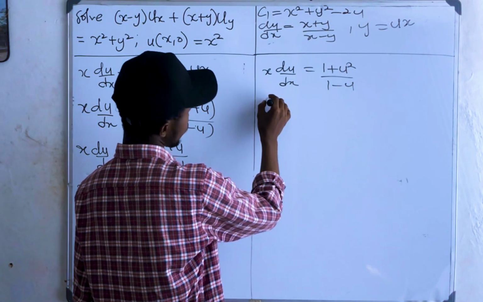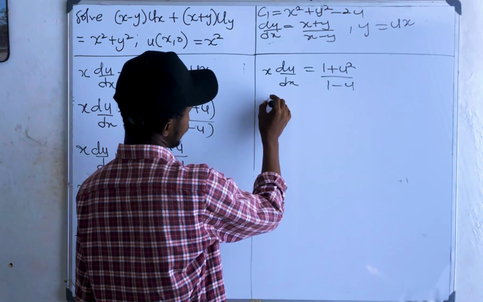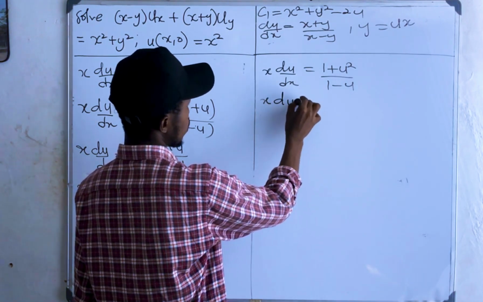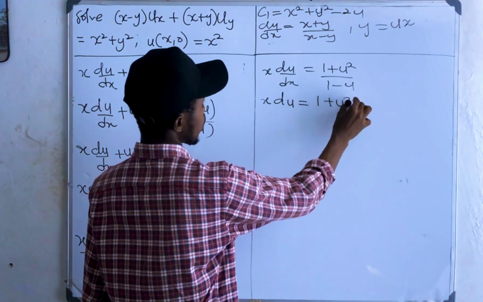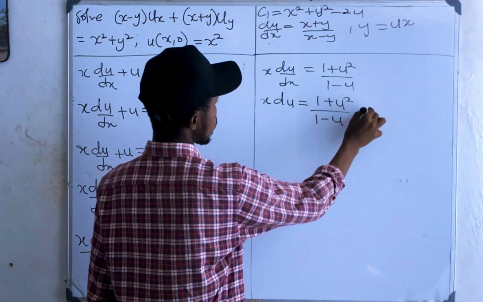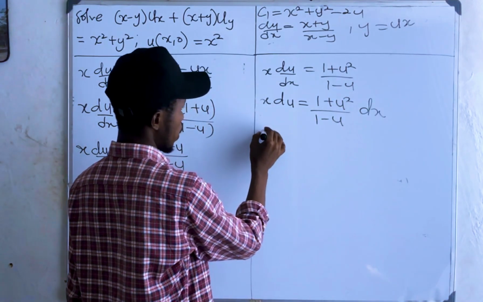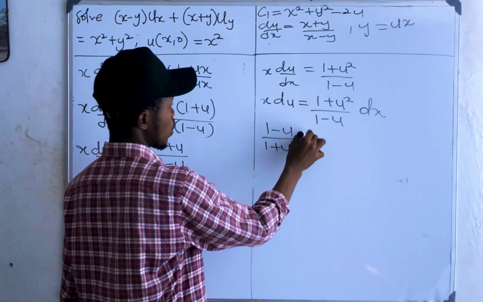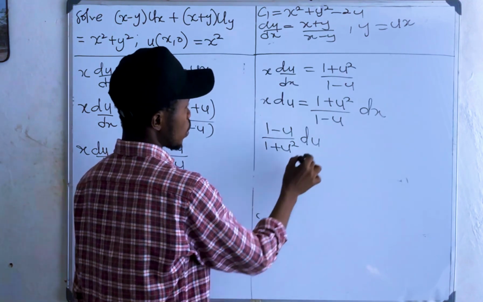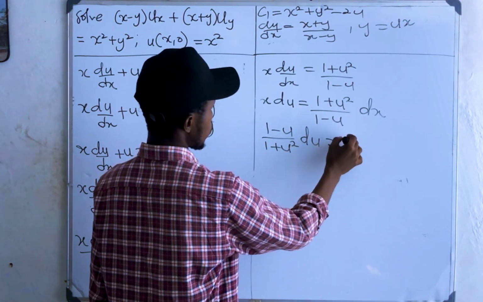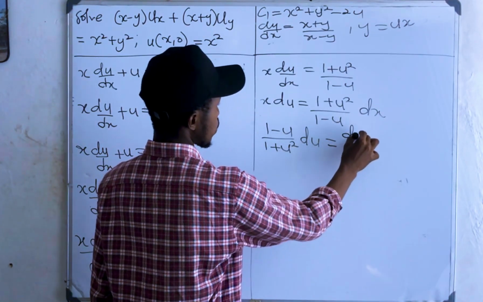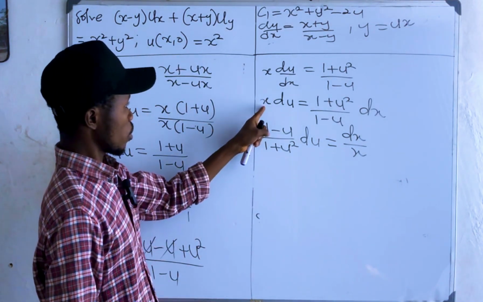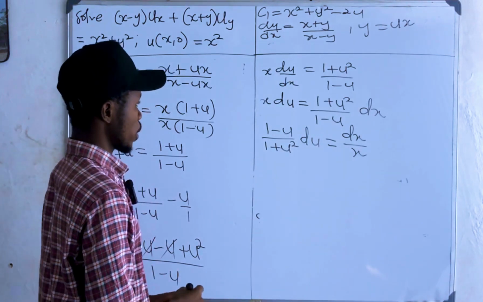I'm going to have x du equals (1 plus u squared) over (1 minus u) dx. So at the end I'm going to have (1 minus u) over (1 plus u squared) du equals dx over x, because I'll divide by that. So that's what I'm going to get.